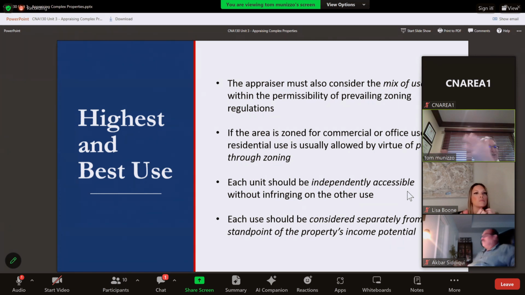That doesn't leave the unit behind the store independently accessible and private from the store. Normally there would be two doors, one to end the store and one to start the apartment, and you shouldn't be able to walk through one into the other without infringing. Okay.